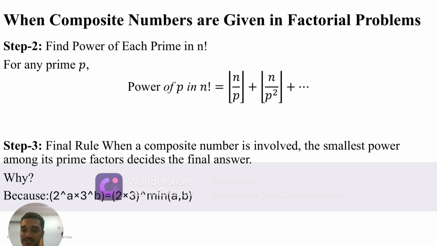Because of the formula: x to the power a and y to the power b, the minimum of a and b is responsible for this. We can see in the next slide how we can get the composite number's factorial in n factorial.